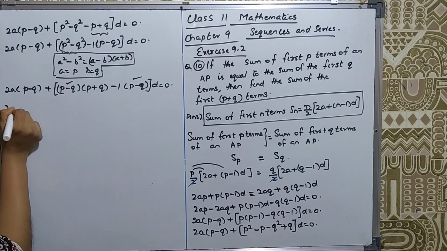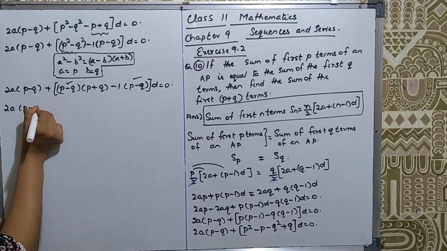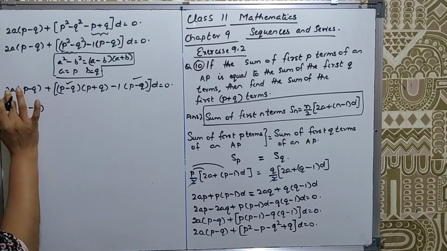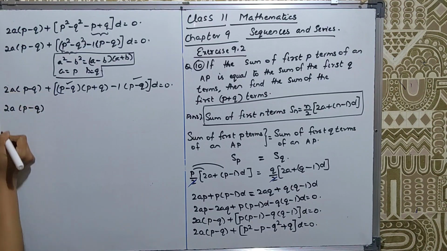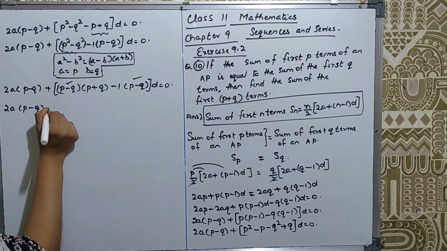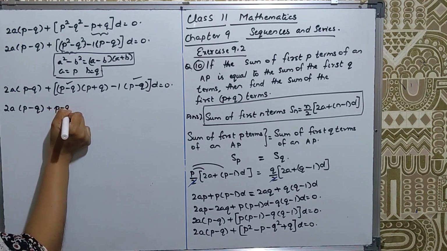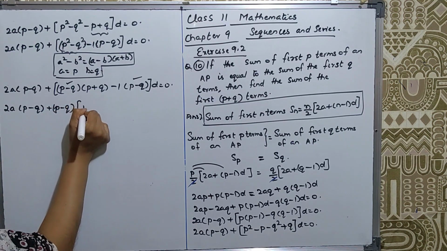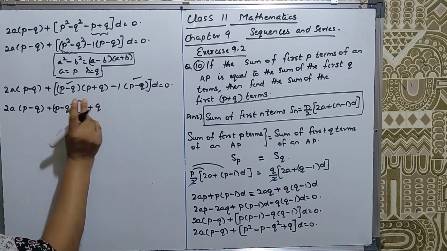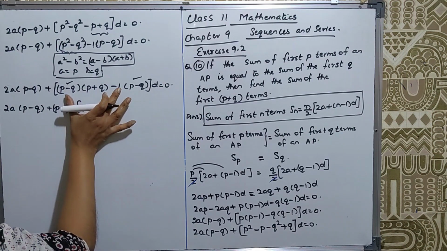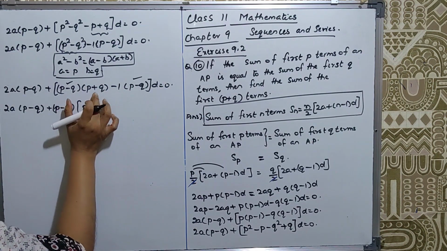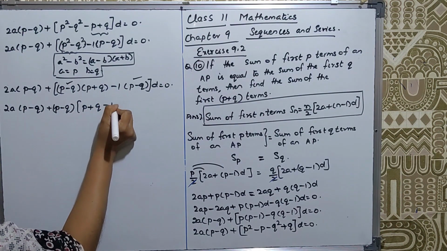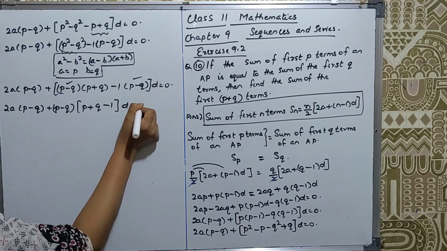So it will be 2a into p minus q plus p minus q when you take outside, term left will be p plus q, from both of them we are taking outside. So it will be p plus q minus 1 into d equal to 0.